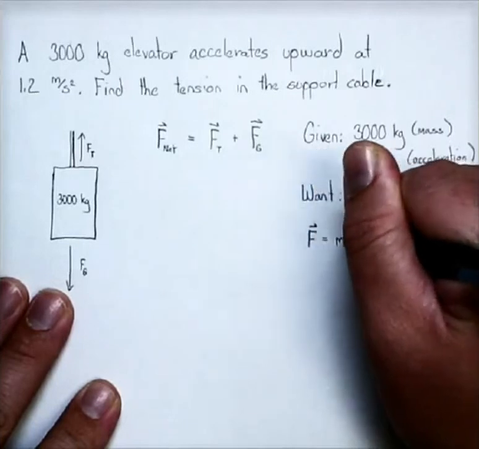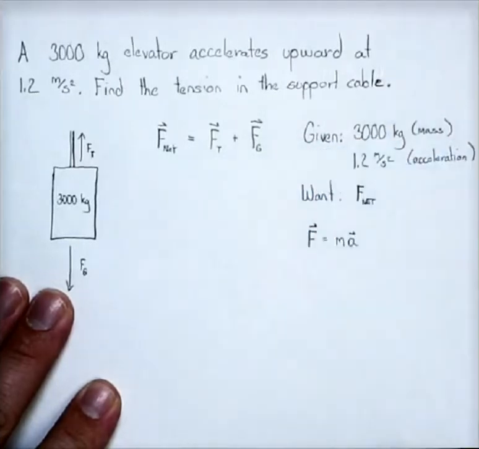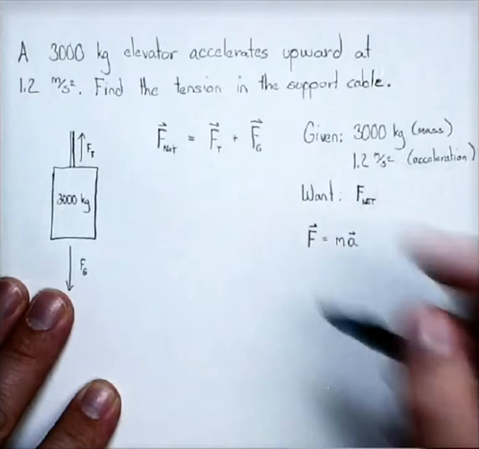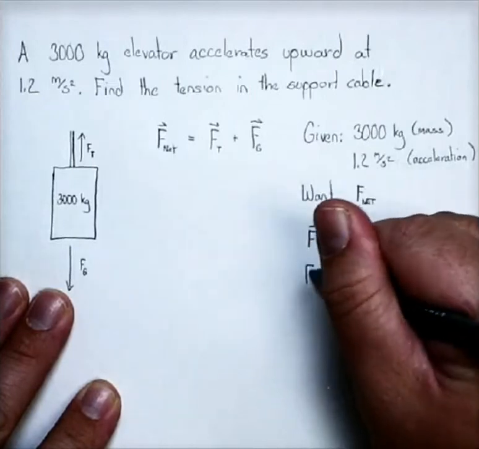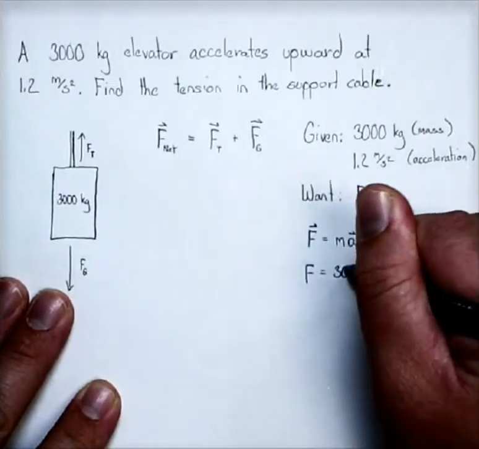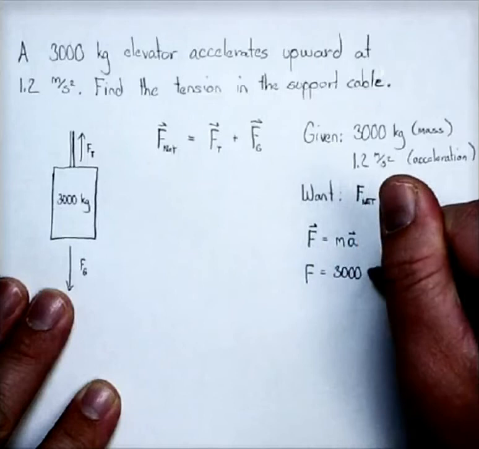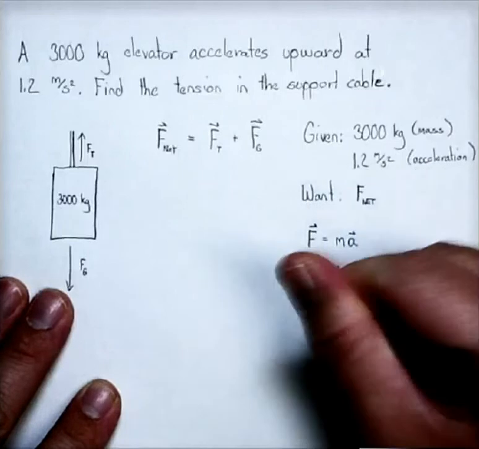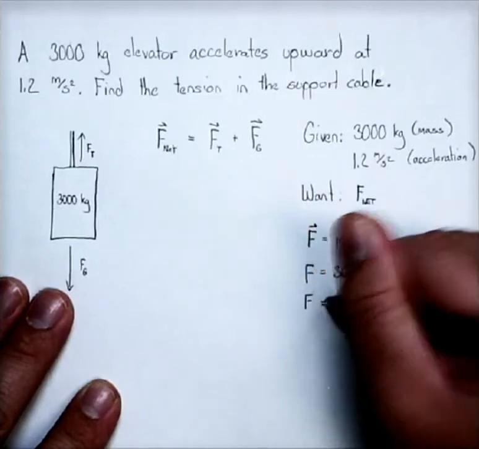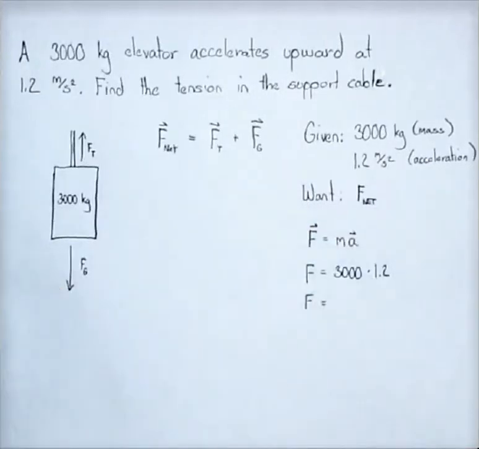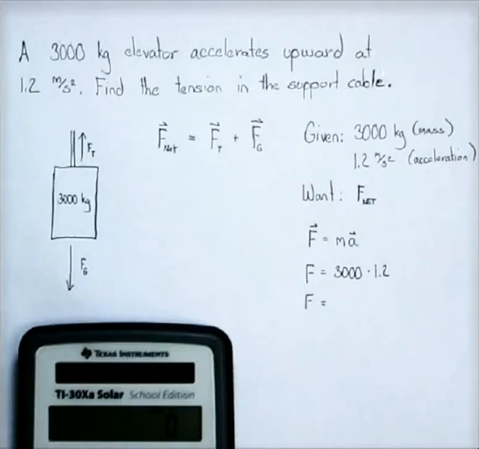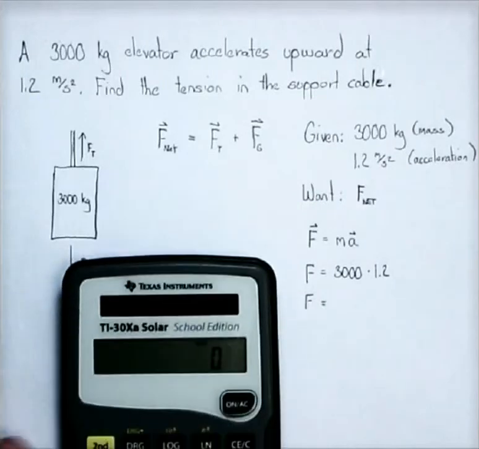Force equals mass times acceleration. I know the mass, I know the acceleration, so the force is just equal to 3,000 times 1.2, and we calculator it up because, to be perfectly honest, it's still early in the morning.